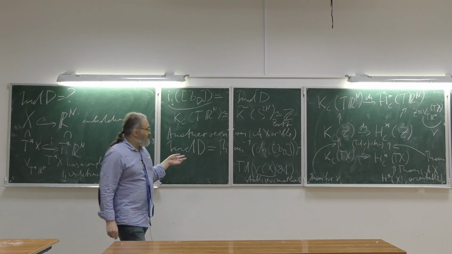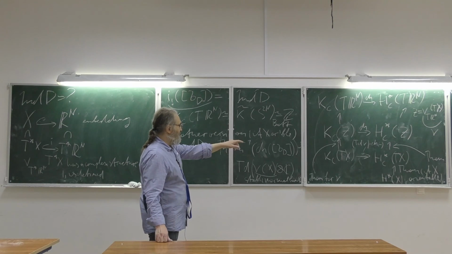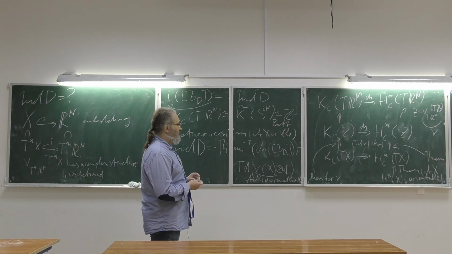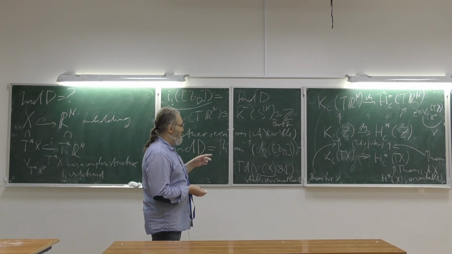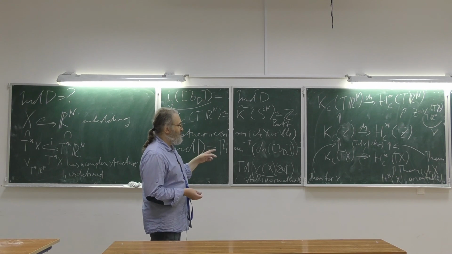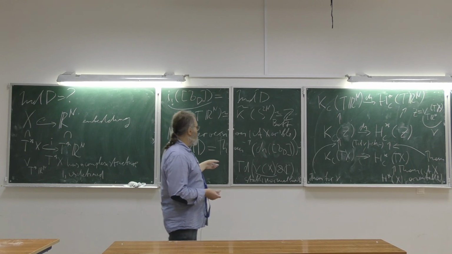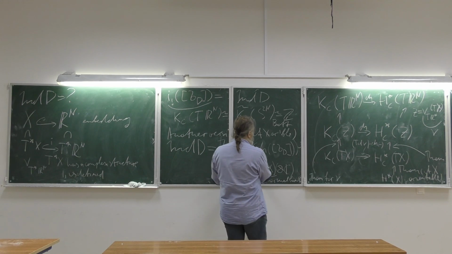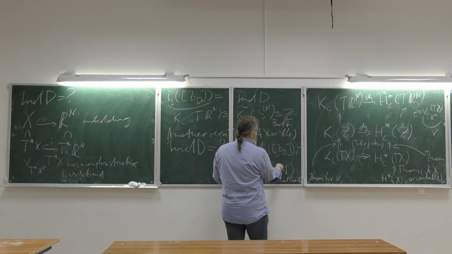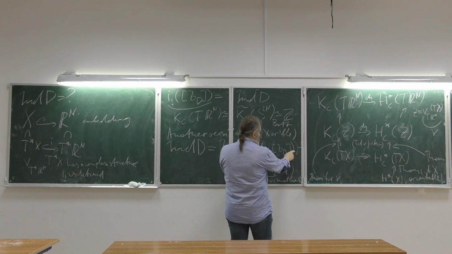So the Thom isomorphism is linear with respect to the cohomology of the base, which is why we're able to take this out of this bracket.